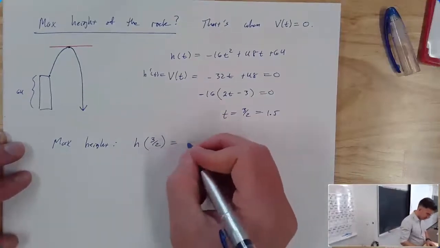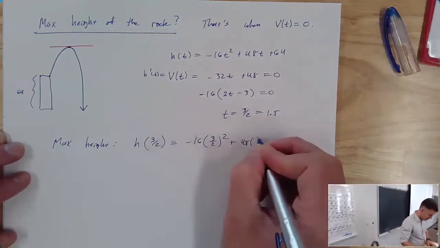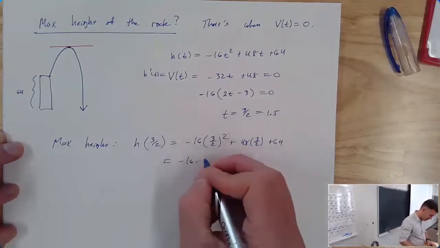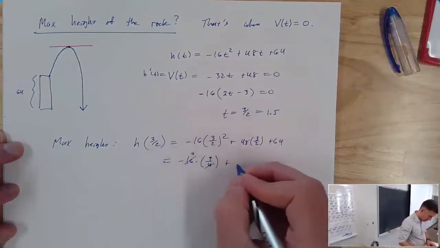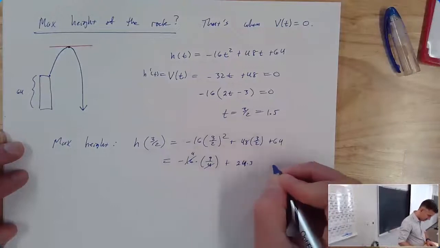So plugging that in, we're going to get negative 16 times 3 over 2 squared plus 48 times 3 over 2 plus 64, which ends up being negative 16 times 9 over 4 plus 48 times 3 over 2, which is 24 times 3, plus 64.